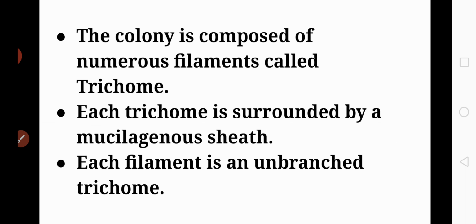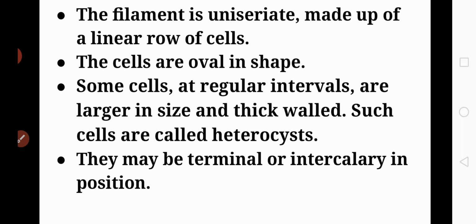Each trichome is surrounded by a mucilaginous sheath or a gelatinous substance, and each filament is unbranched. It is uniseriate. Uniseriate means single layered, made up of a linear row of cells.